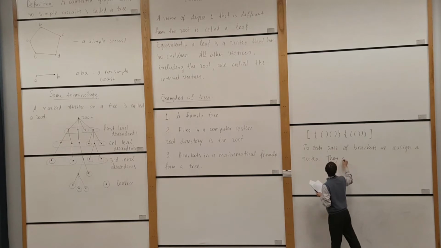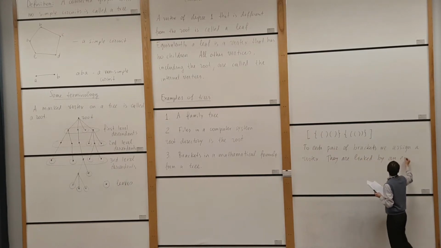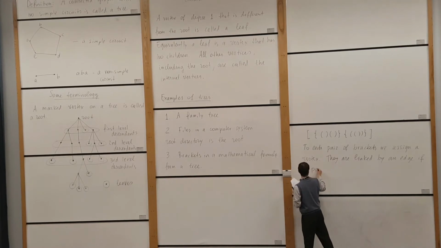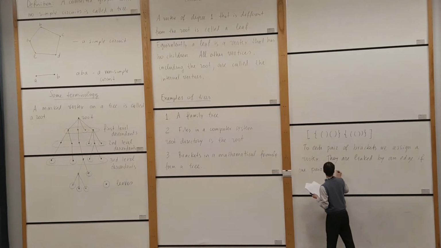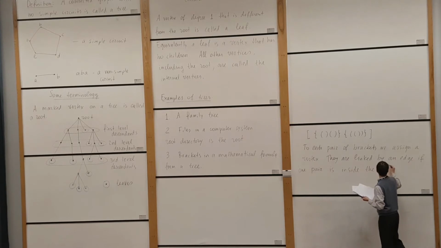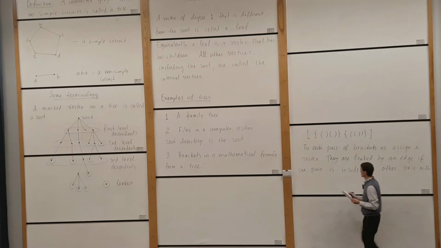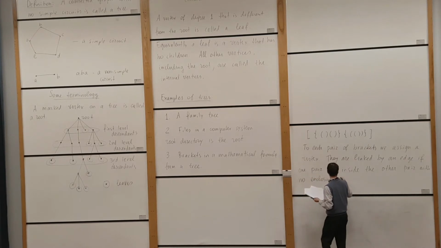So they are linked by an edge if one pair is inside the other pair with no enclosing intermediate pairs of brackets.